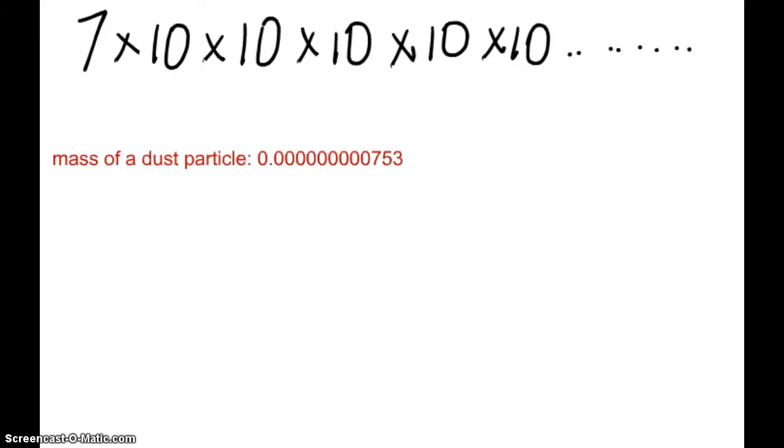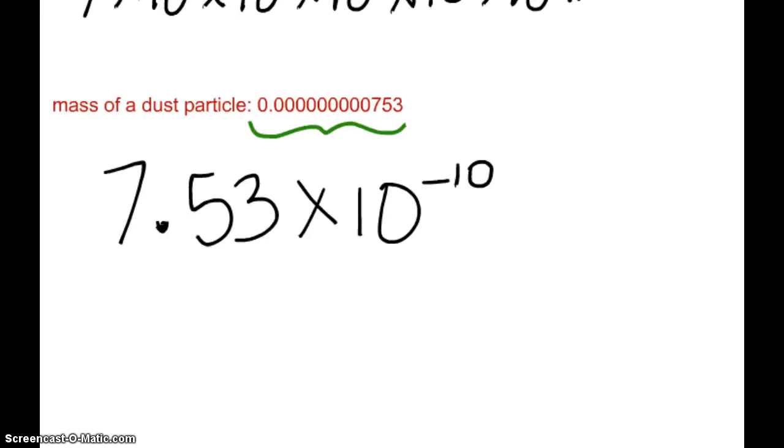This is the mass of a dust particle. That's a really teeny tiny number. I'd like to see who can tell me the correct mathematical way to say this number. But instead of writing this teeny tiny number, we could express it like this: 7 53/100 times 10 to the negative 10th power.